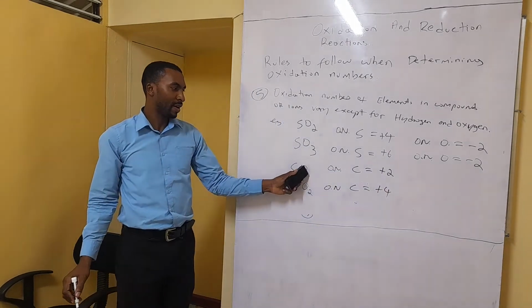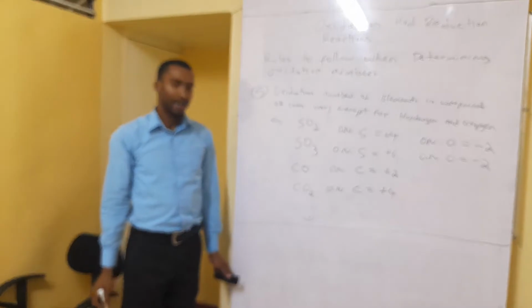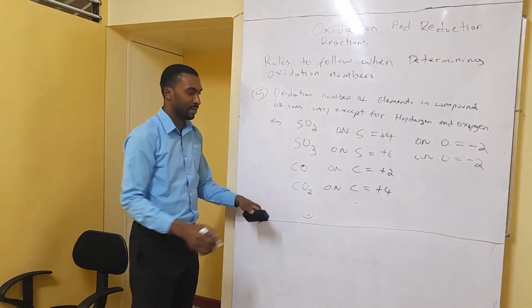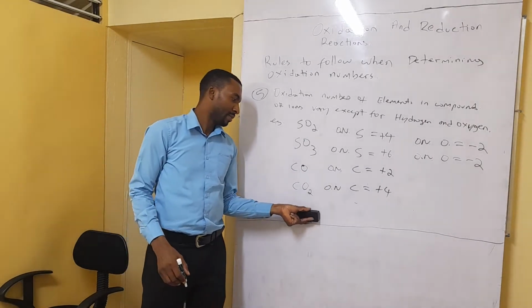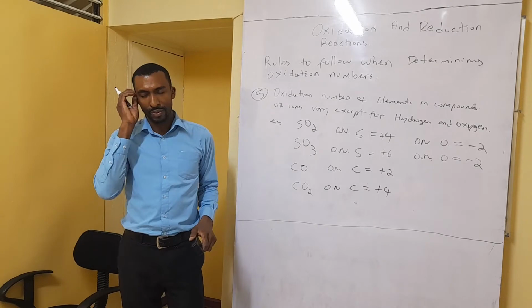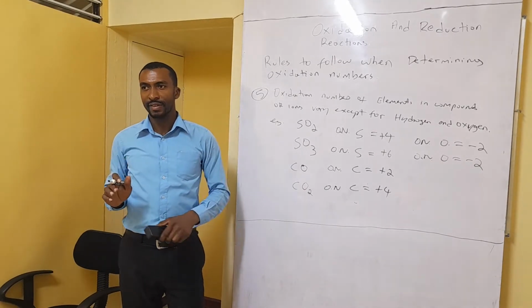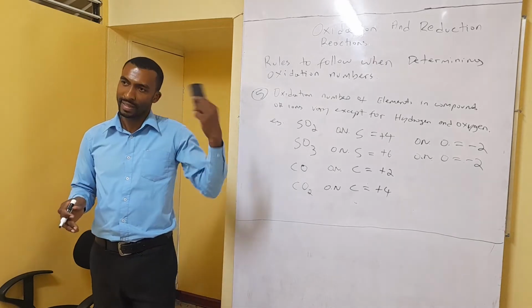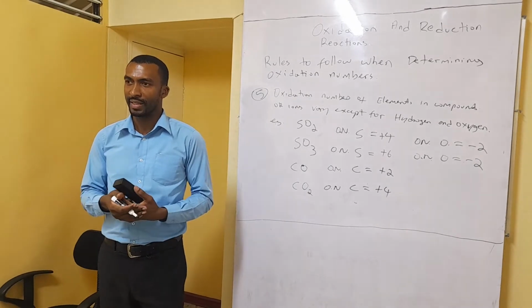Reason being, oxygen is always -2, except in peroxide. So it would simply mean that the next element would have to have variable oxidation state. That's what this rule is trying to say. So whenever you see oxygen in a compound, it's always -2 if it's not peroxide. So the next element must have variable oxidation state, can change.